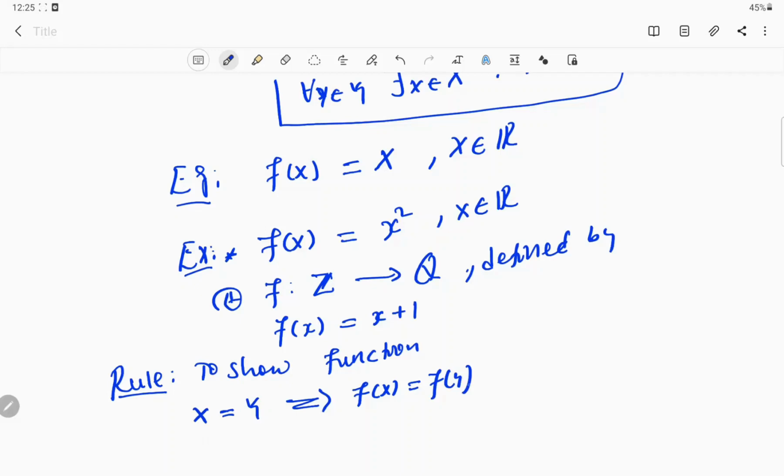Any relation satisfying this, we say it's a function. So let's check using this one. To check a function, in other words, we say well-definedness.